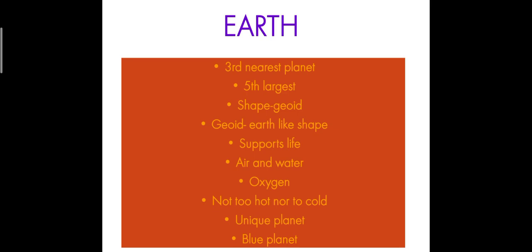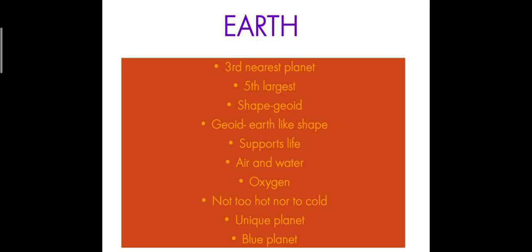Okay? Now, children, out of the 8 planets, it is only the Earth which supports life. It is only the Earth. It has air, it has water. Also, we need oxygen to breathe. So, Earth is the only planet where air, water, and oxygen, which are needed for a human being, are present. The Earth's climate is also good. It is not too hot, not too cold. Because there are some planets which are very hot and some which are very cold.